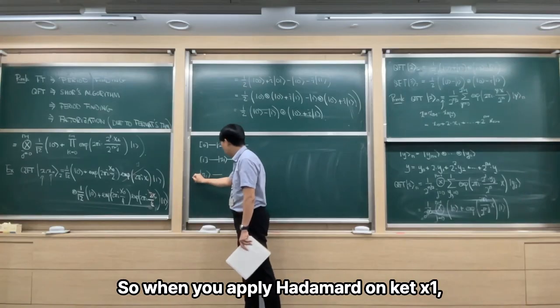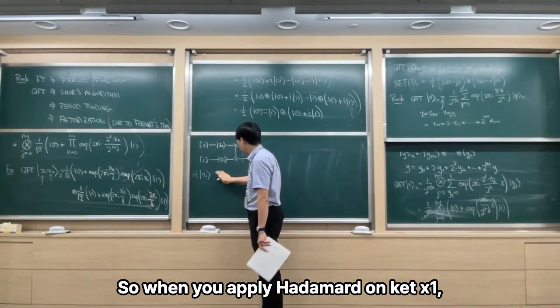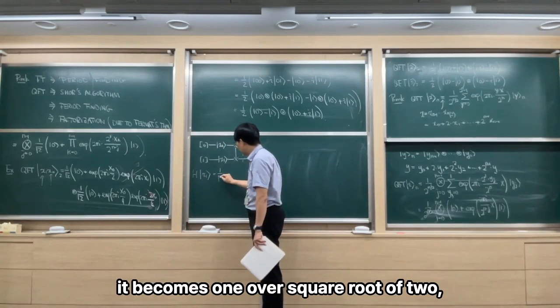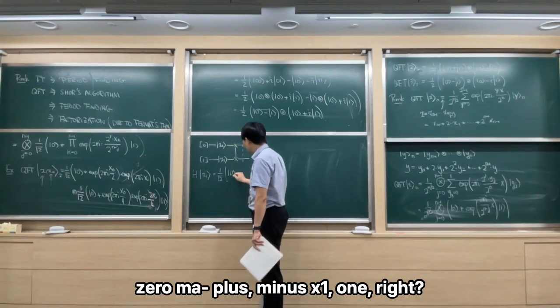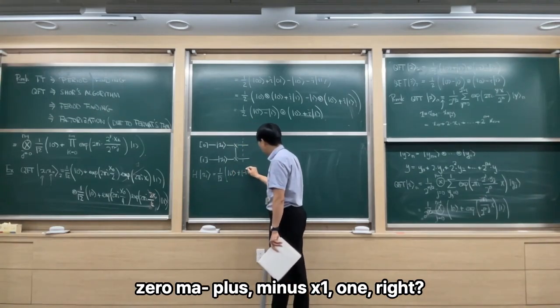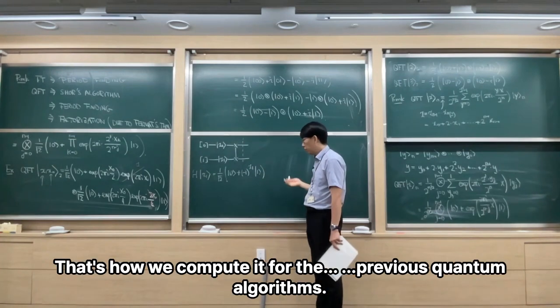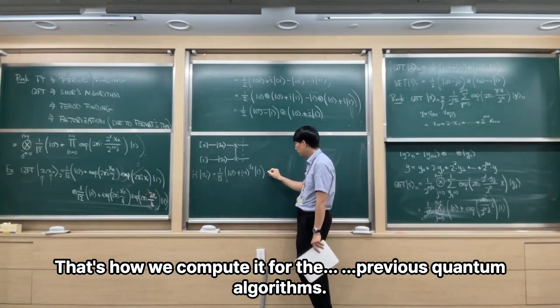So when you apply Hadamard on ket x1, it becomes 1 over square root of 2, 0 plus minus 1 to the x1, 1, right? That's how we compute it for the previous quantum algorithms.